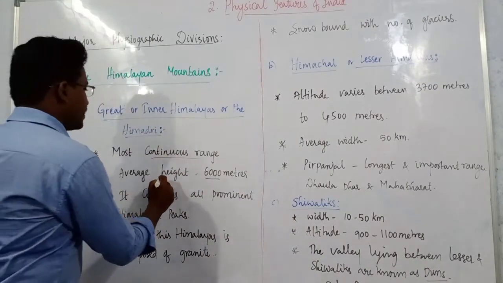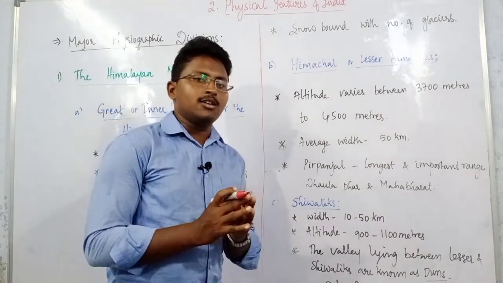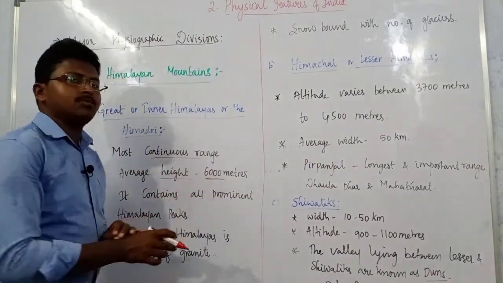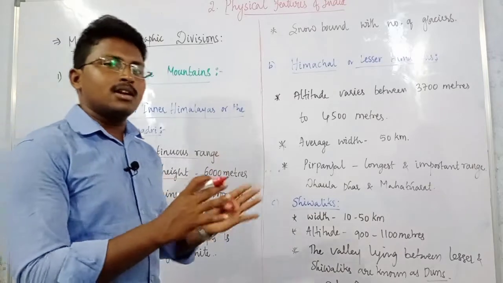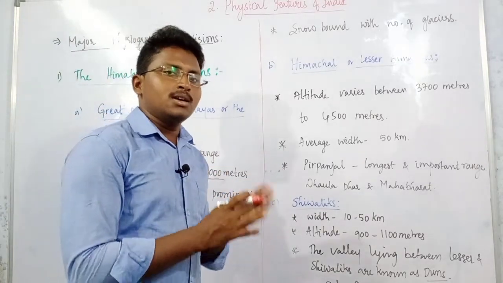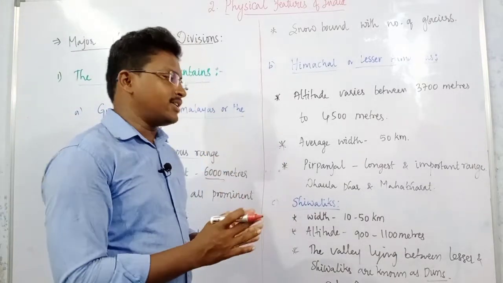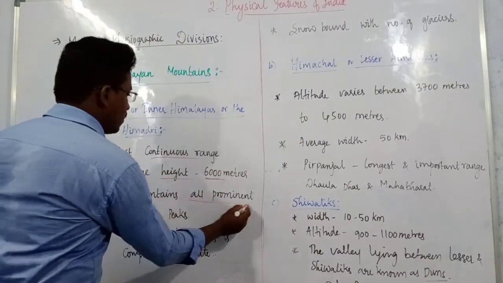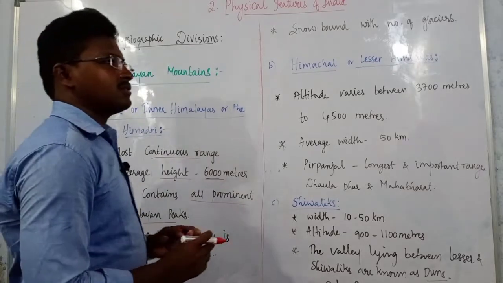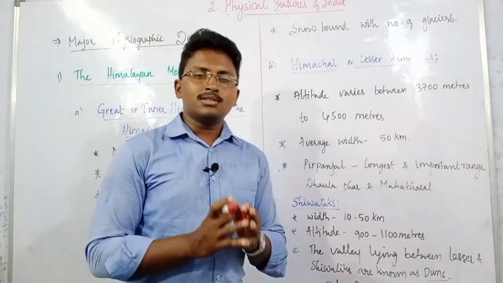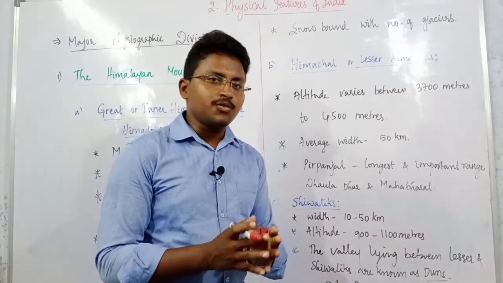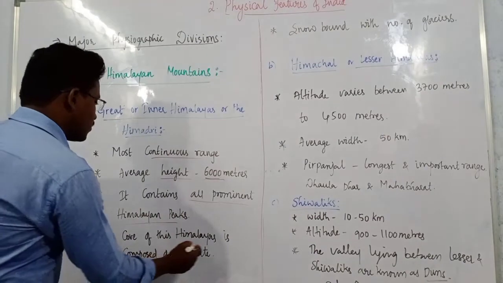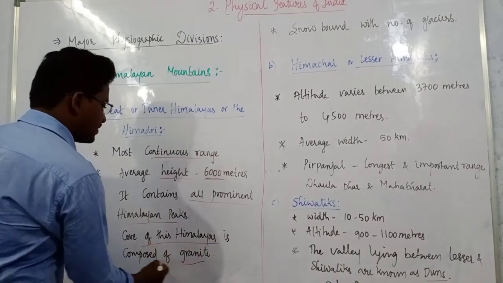The average height of the mountains in the Great Himalayas is around 6,000 meters, if we calculate all the prominent mountains. This range contains all the prominent Himalayan peaks, such as Mount Everest. The core of these Himalayas is composed of granite.